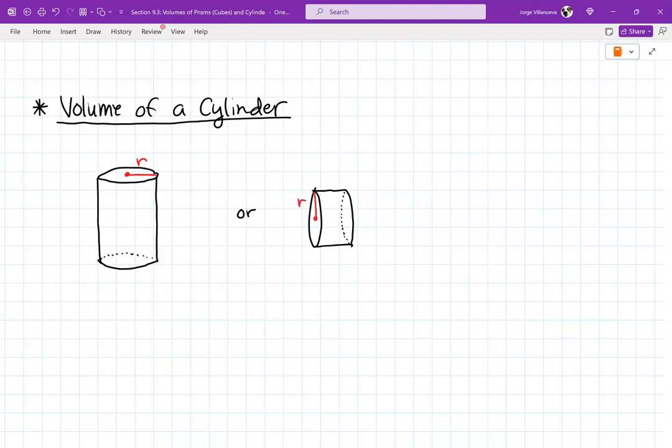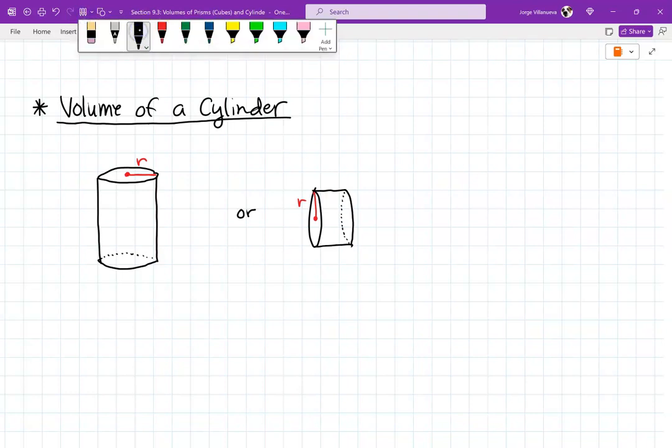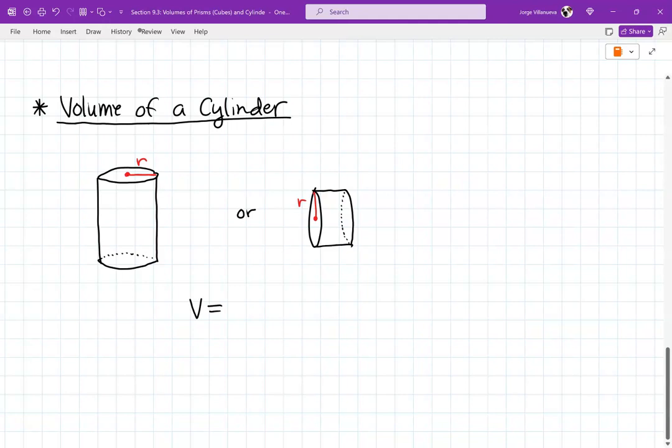Now the formula for this is going to be 1/3 pi r squared h. Actually, I'm wrong. It's not 1/3.